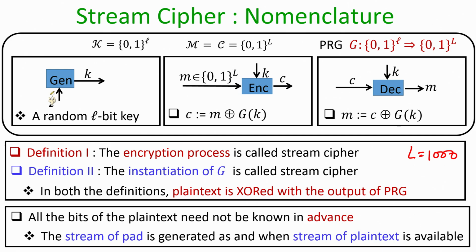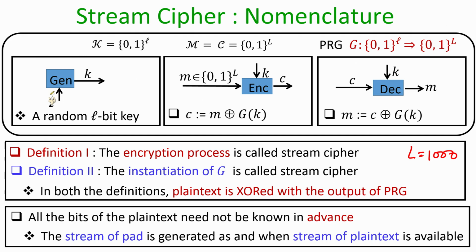And imagine that you have obtained only the first 100 bits of your message. Since you have only the first 100 bits, you can run the algorithm G and produce the first 100 output bits of G on the input K, and that constitutes the stream with which you can XOR the first 100 bits of the message and send it to the receiving end.